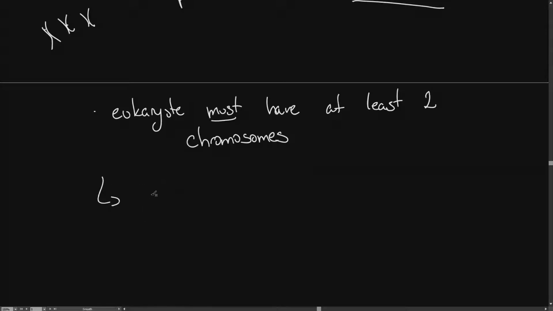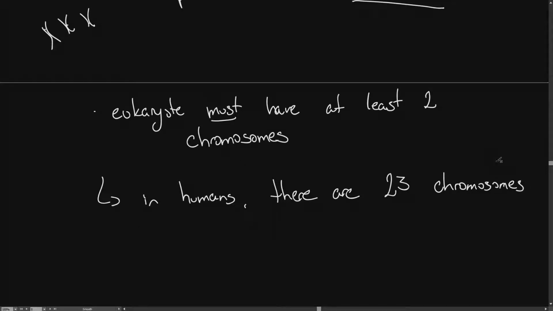And furthermore, in humans, there are 23 chromosomes. Now, this 23 is 23 unique chromosomes, because in reality we have 23 pairs, so we have 23 times 2, which is 46.